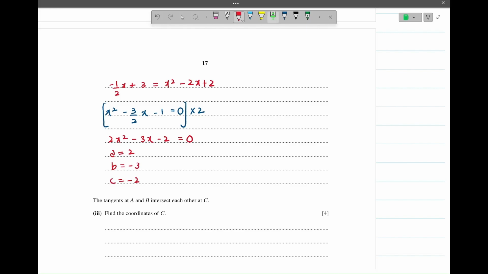So you can use the formula minus b plus minus the square root of b squared minus 4ac, divided by 2a. When you input all of these values into this formula, you will get two answers, negative 1 over 2 and 2. You will reject this value because this is already the coordinate of A, which was 2 comma 2, right?